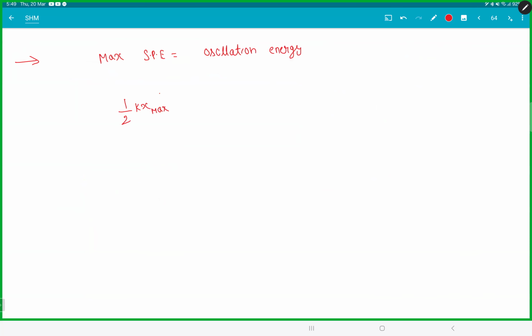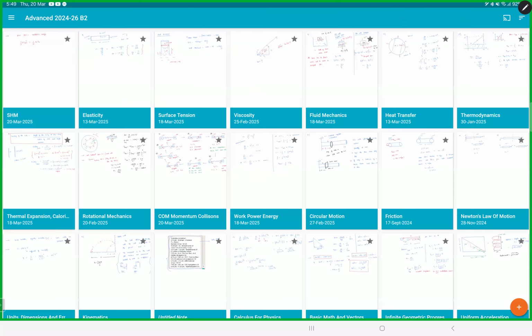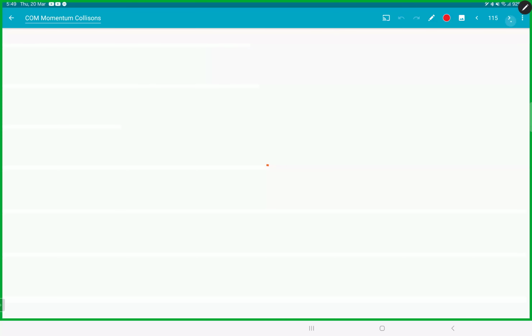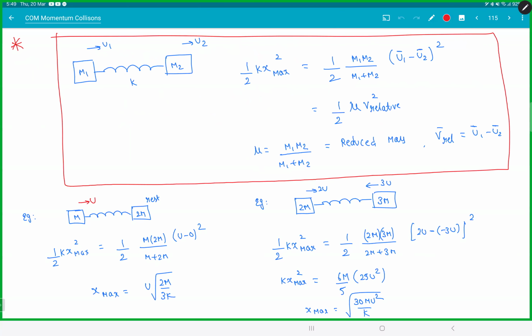And half k x max square is nothing but half mu v relative square, where mu is m1 m2 by m1 plus m2, and v relative is v1 minus v2. Again, we saw this thing in the same problem. This is the shortcut I taught you, remember, in the red box.